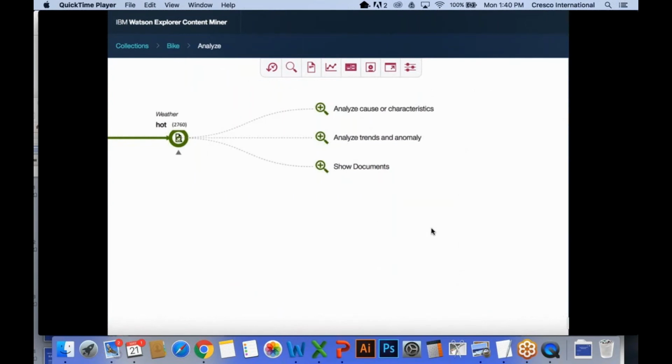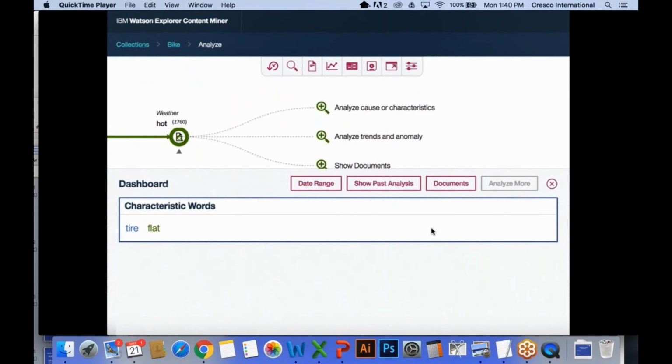What I could do from there on is I could define certain characters and look at customer feedback and look at the characteristic words that people talk about.